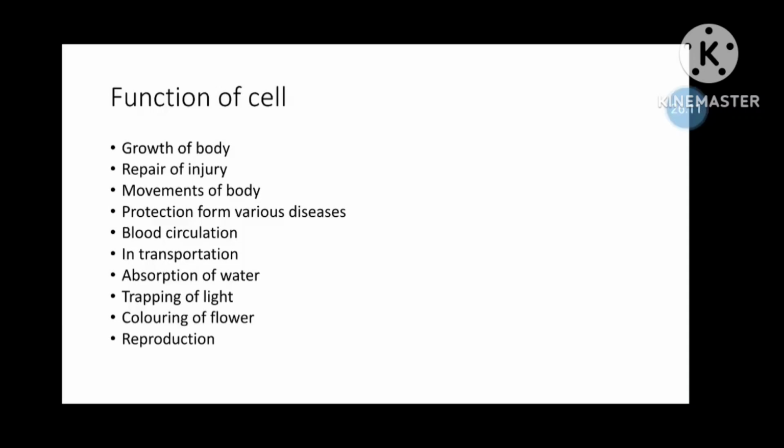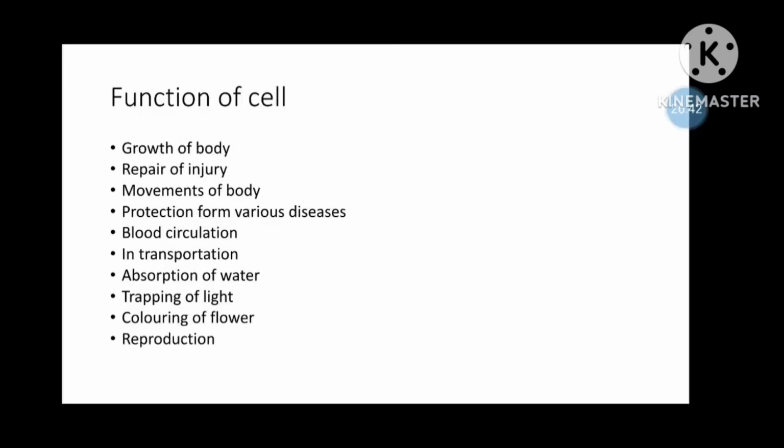Each transportation takes place due to the circulation of blood, and a cell called RBC present in your blood is responsible for the transportation of oxygen from the lungs to the different parts of the body. So all these cells help in transportation.